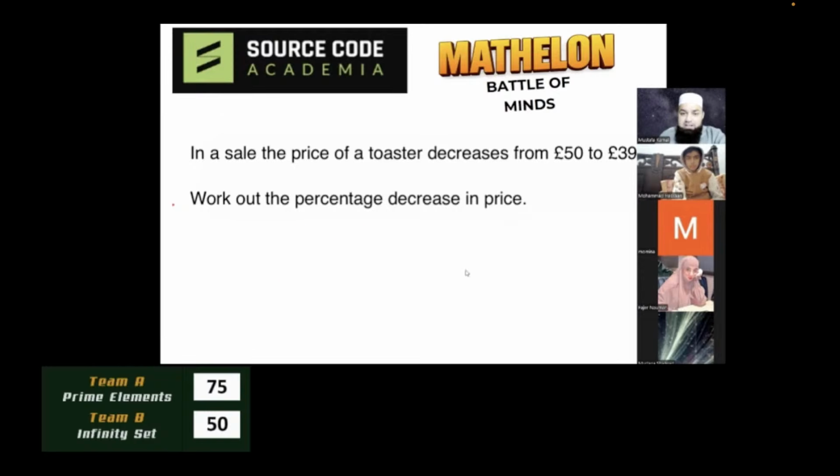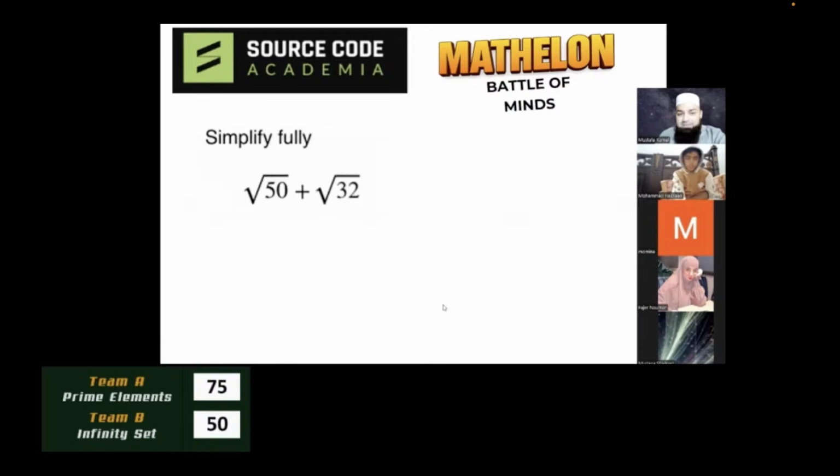Everybody get ready. Simplify root 50 plus root 32. Team A. Momina. 9 root 2. 9 root 2 is the correct answer, because you can write root 50 as 5 root 2 and root 32 as 4 root 2, which is equal to 9 root 2.